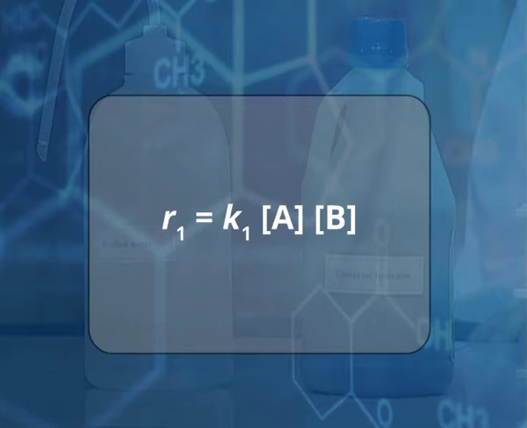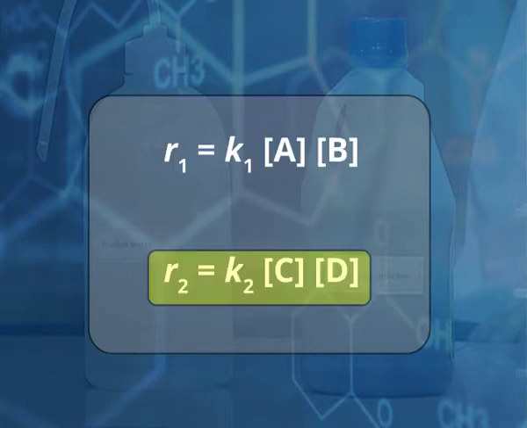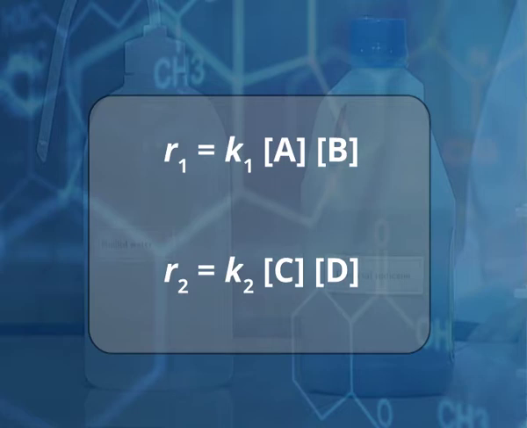Similarly, we can write the rate for the backward reaction, which is R2, equal to K2 into the concentration of C and the concentration of D. You can see here that the concentrations of C and D are written in square brackets as was done in the earlier case for A and B in the above equation.